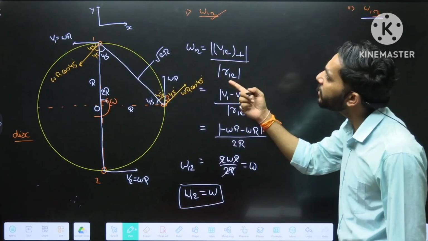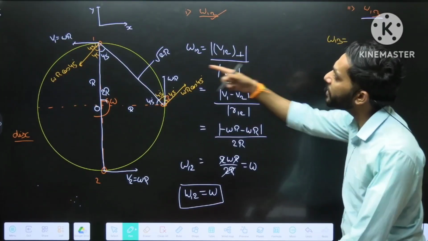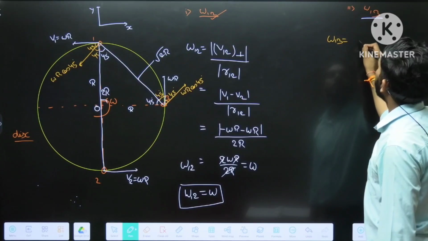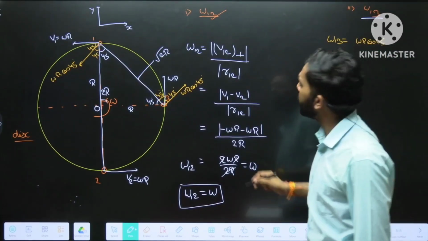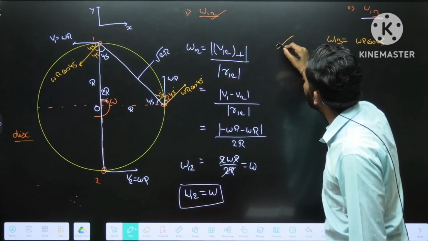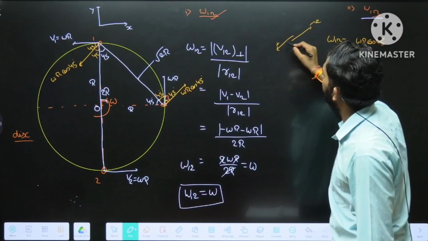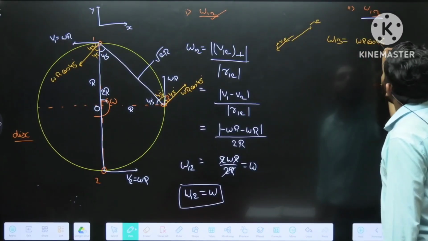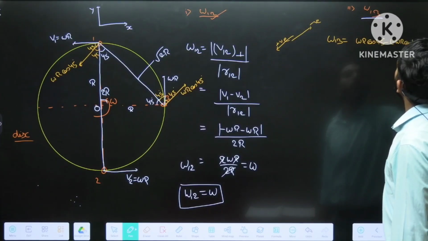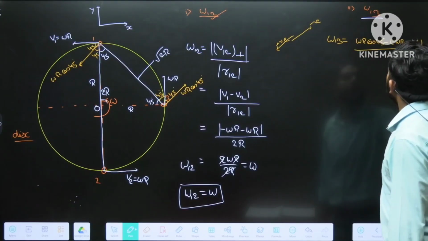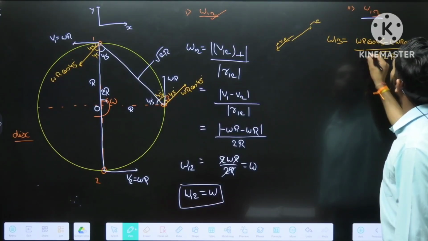Now we have to write omega of 1 with respect to 3. We have to take the perpendicular components, that is omega r cos 45 degrees. If we take this direction as plus, then this direction will become negative. So omega r cos 45 degrees minus omega r cos 45 degrees divided by the distance, which is root 2 r.